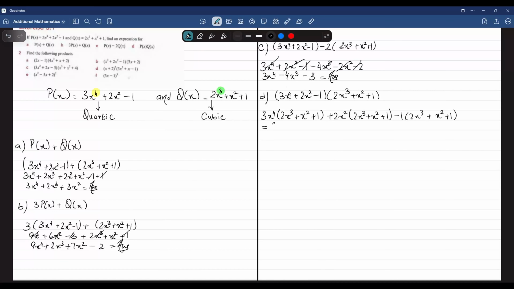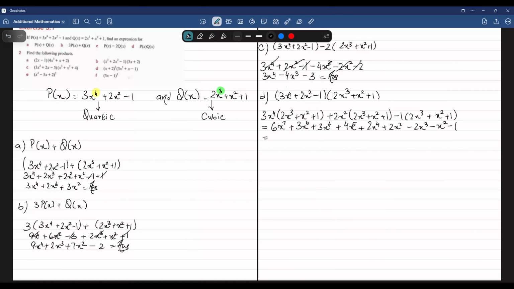So 3 times 2 is 6, x to the power 4 plus 3 is 7, plus 3x raised to the power 6, plus 3x raised to the power 4, plus 4x raised to the power 5, plus 2x raised to the power 4, plus 2x squared minus 2x cubed minus x squared minus 1.